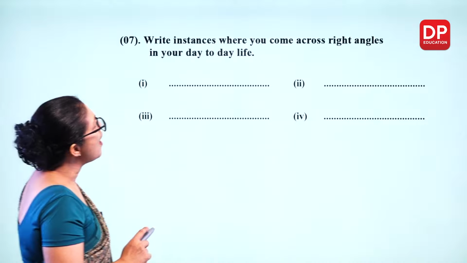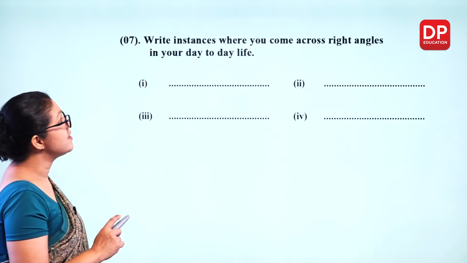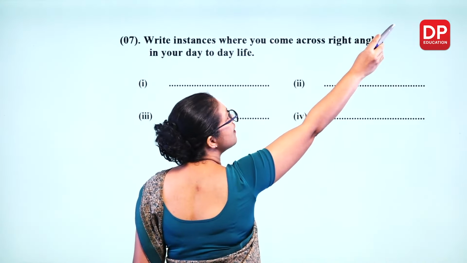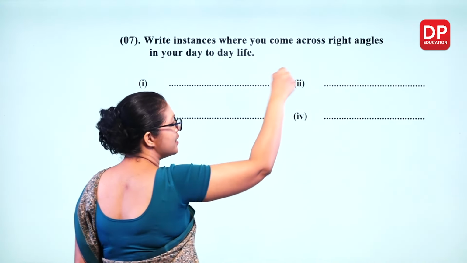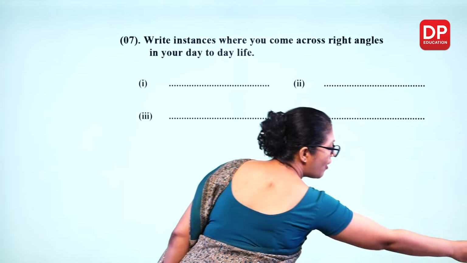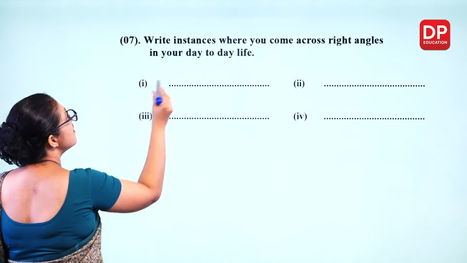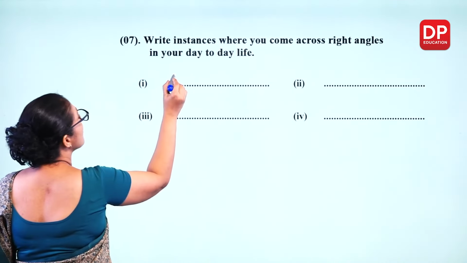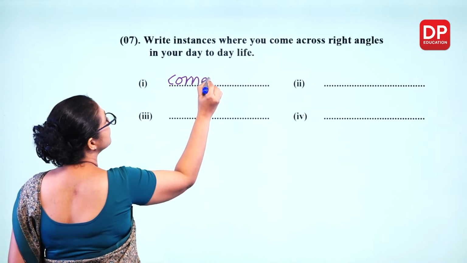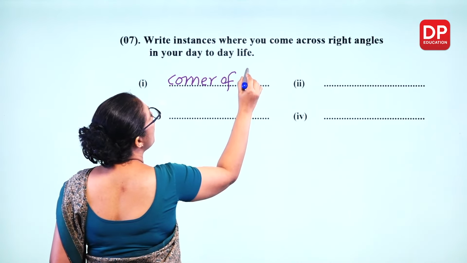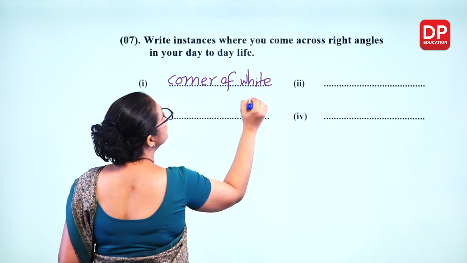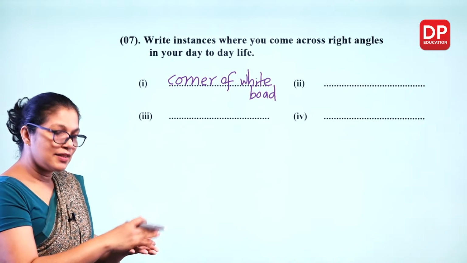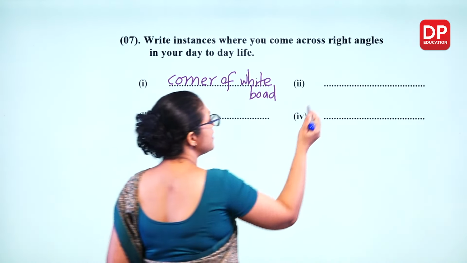Write instances where you come across right angles in your day-to-day life. Look at the whiteboard, the corner of the whiteboard. So I see here, the corner of the whiteboard. You get right angles. Corner of whiteboard. Then when you take your book, the corner of your book is also a right angle.